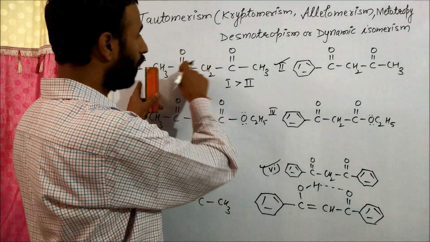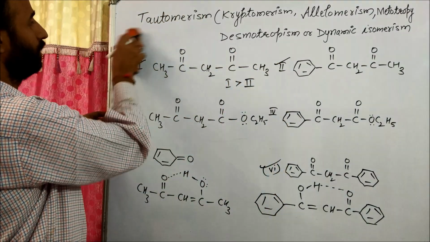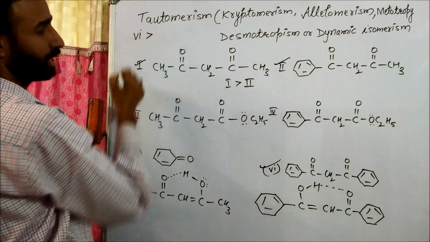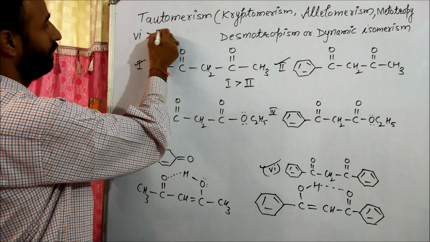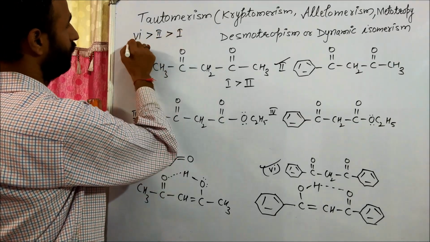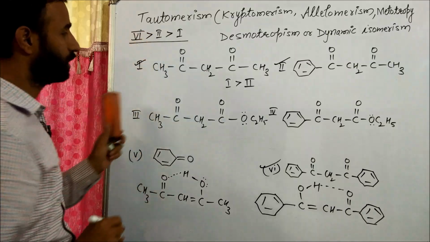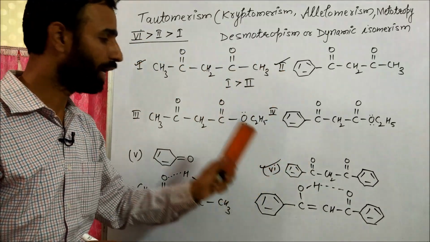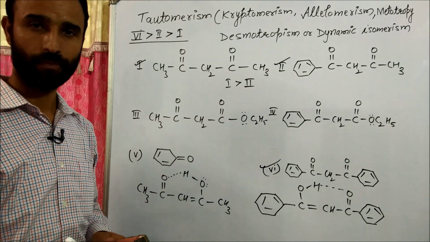That's why, in 1, 2 and 6, enol form of 6th is greater than 2nd, which in turn is greater than 1st. So this is for the enol content of 1, 2 and 6.